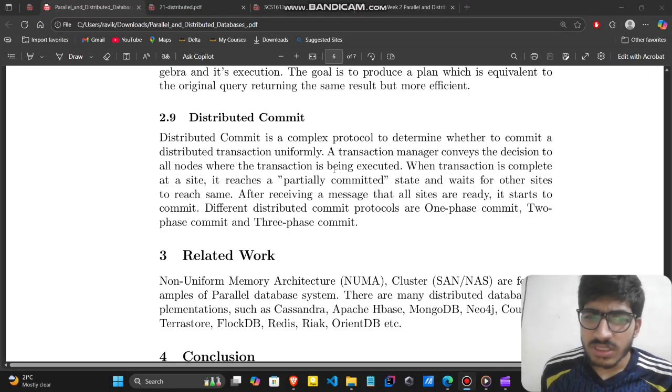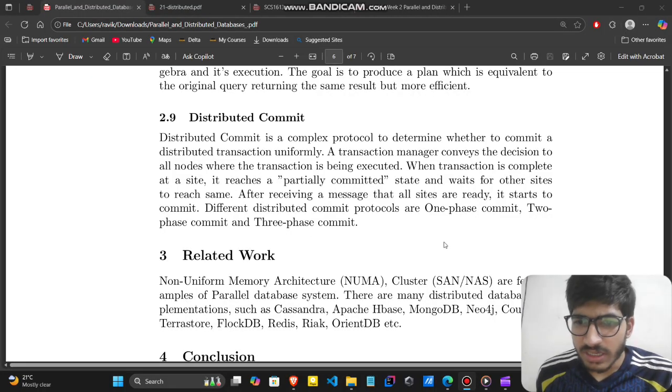When a transaction is complete at a site, it reaches a partially committed state, and waits for other sites to reach the same. After receiving a message that all sites are ready, it starts to commit. Different distributed commit protocols are one-phase commit, two-phase commit, and three-phase commit.